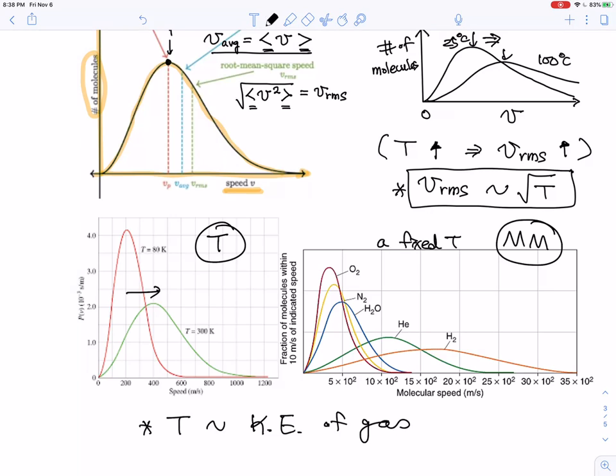And for a given temperature, the lighter gas is moving faster compared to the heavier gases. As you already know, the RMS we talked about is inversely proportional to the molar mass, so how fast the gas can move is inversely proportional to the square root of their molar mass.